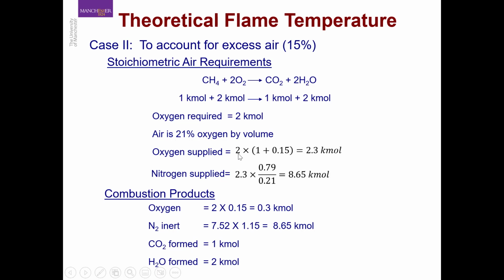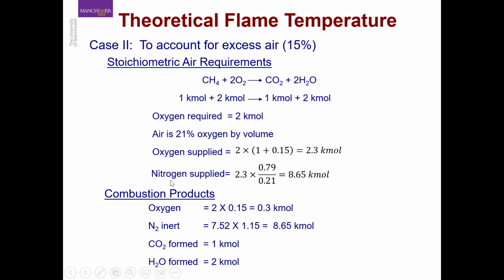So we have 2 times 1 plus 0.15, so that is extra 15%. If you calculate it, we will be provided 2.3 kilomoles of oxygen, but we only require, sorry, 2 kilomole of oxygen in the reaction. It means that the remaining 0.3 kilomoles will be in the combustion product, that will be in the flue gas.